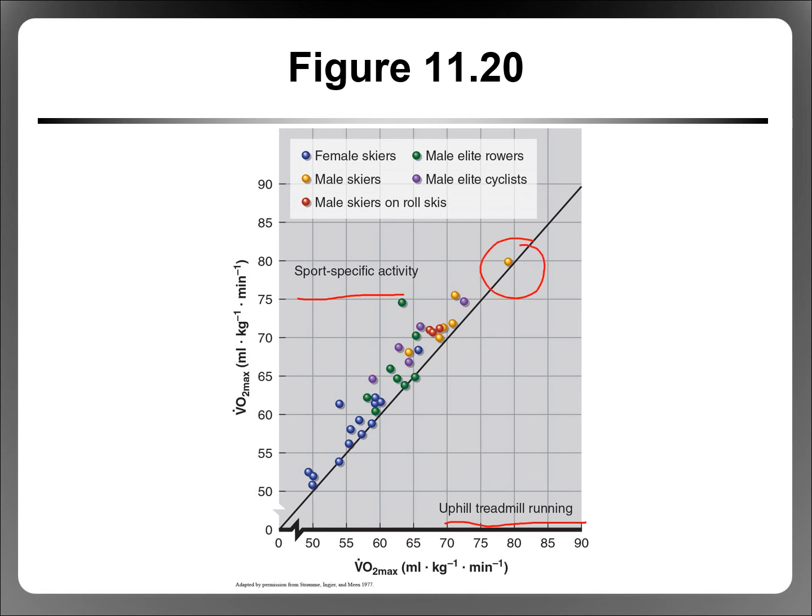Those are very similar to each other. You notice that they acquire almost identical VO2 maxes. However, let's say you have a cyclist and then you ask them to run. These are not as similar. When they were doing their sport-specific activity, their VO2 was around 75. When we asked them to run, it was lower at, say, 72.